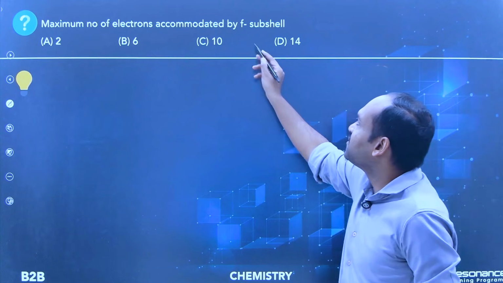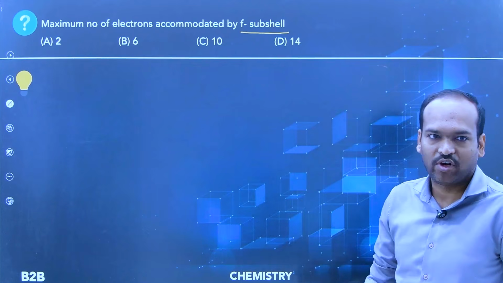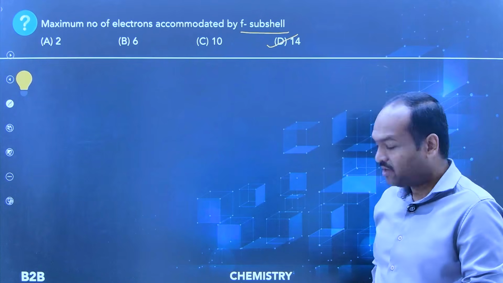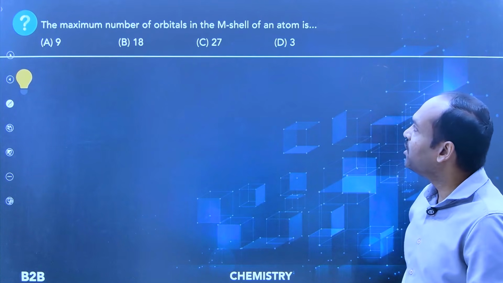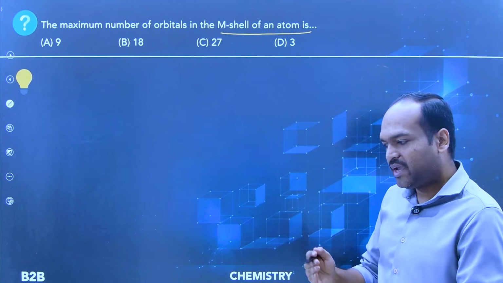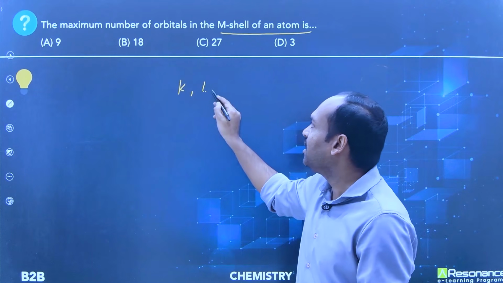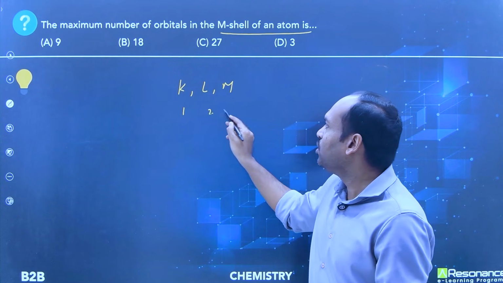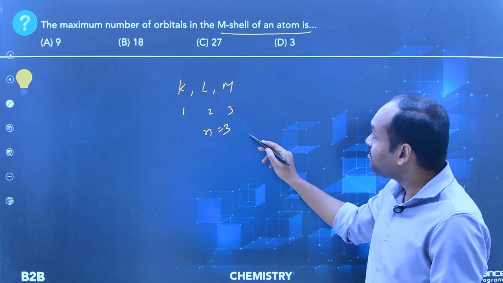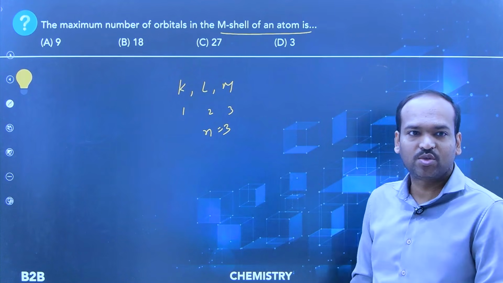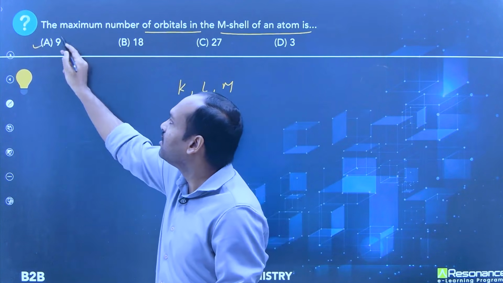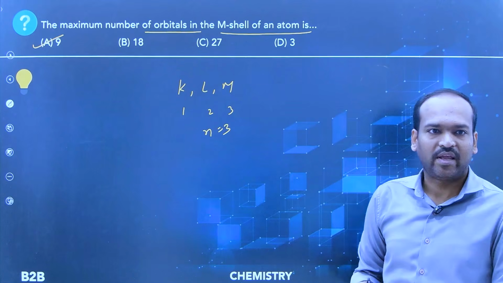Maximum electrons accommodated by the F subshell: 14. The exam will happen in online mode. The maximum number of orbitals in the M shell. K, L, M: K is 1, 2, 3. The n value is 3. If the n value is 3, then the number of orbitals is 3 square, which is 9.